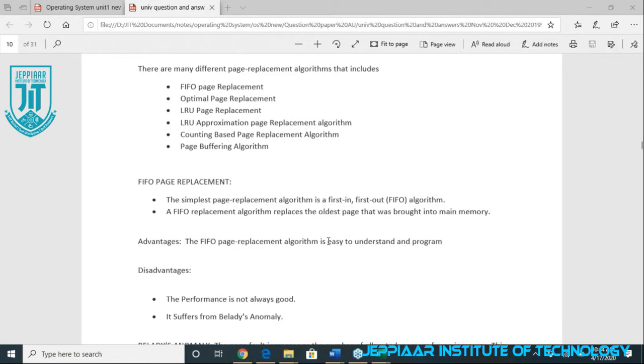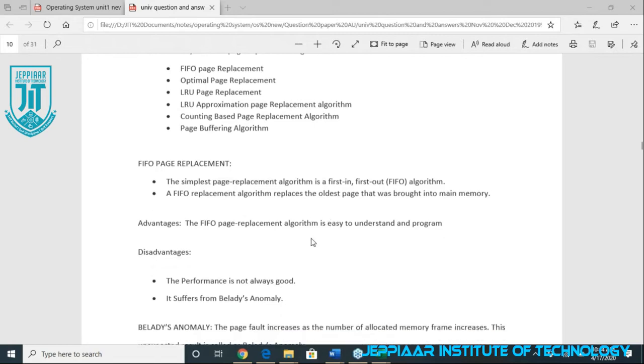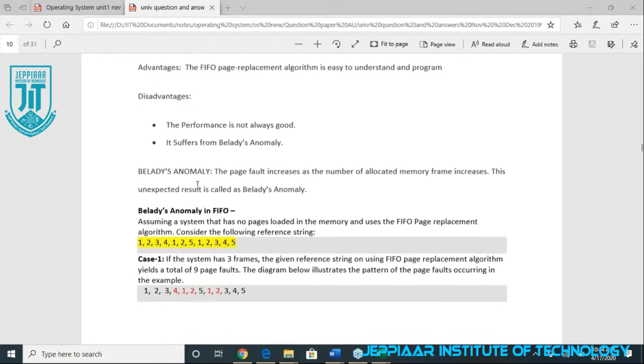So we'll check out what Belady's anomaly is with the help of the FIFO page replacement algorithm. Belady's anomaly is that the page faults increase as the number of allocated memory frames increases.